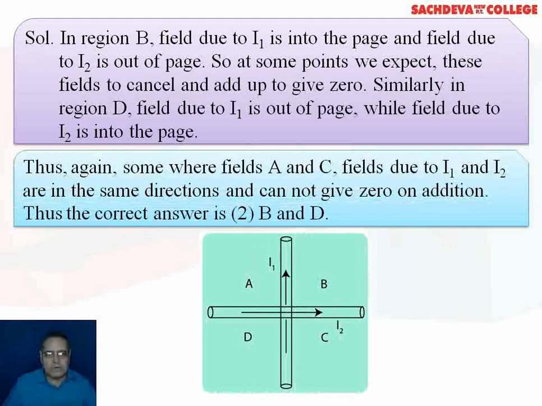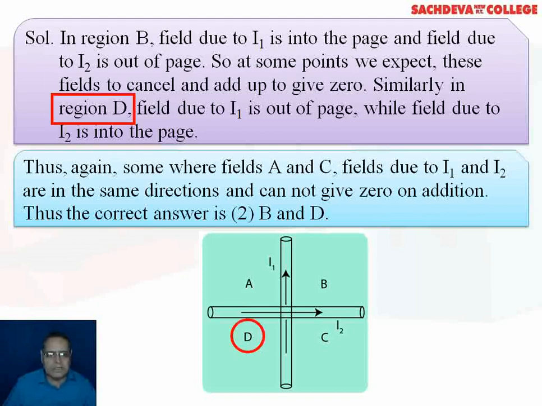According to this, we find that in region B, field due to I1 is into the page and field due to I2 is out of the page, shown by the arrows. So at some point we expect these fields to cancel and add up to give 0.